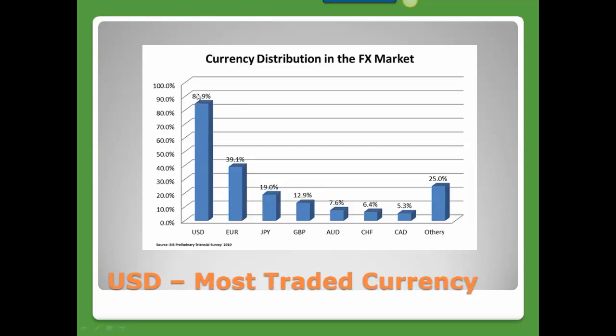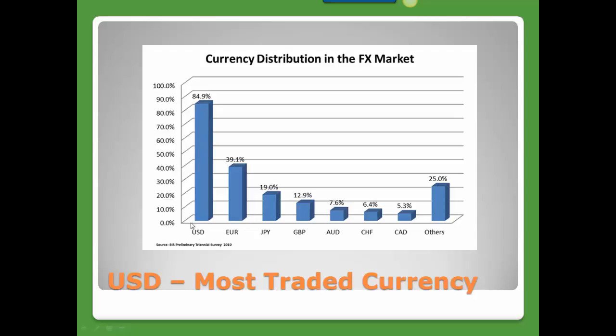As we just talked about, US dollar is the most traded currency. As you can see here, US dollar takes up 84.9, 85% of one side of the pair. Most of the currencies are quoted against the US dollar, just like we talked about. In fact, 85% of them are quoted against the US dollar, and this is how much it gets traded.